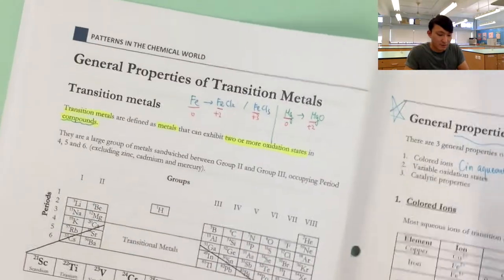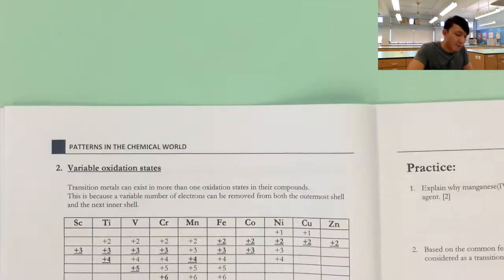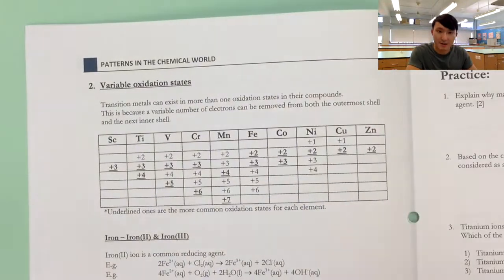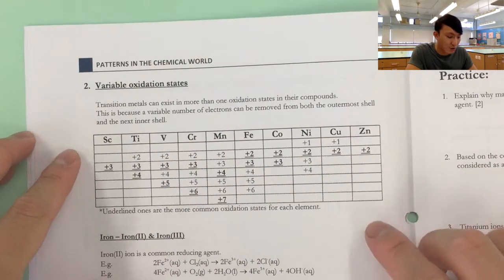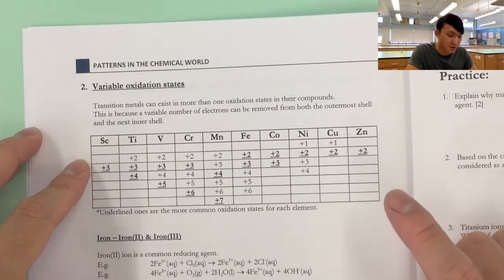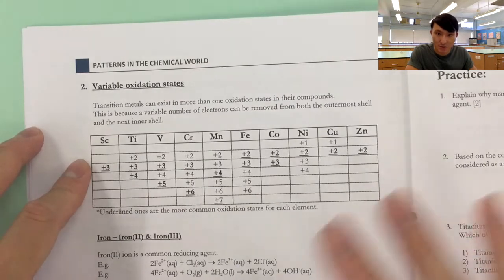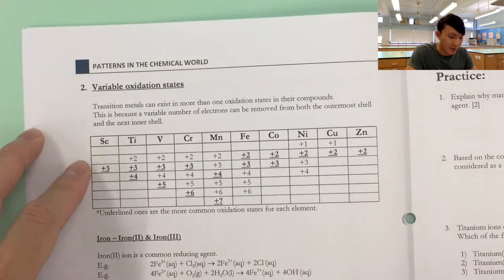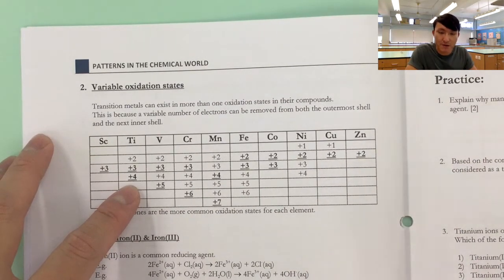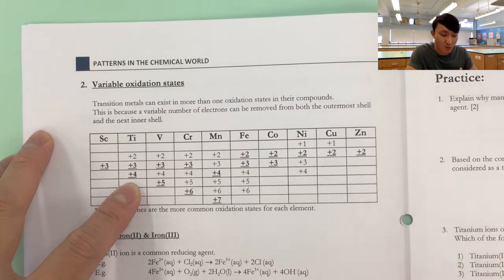Now, the next property is variable oxidation state. Here, this table basically shows you all the possible oxidation states of the transition metals. The one that I have underlined is the most stable oxidation state. So you will often find these transition metals, if they are in a compound, usually have these oxidation states because they are the most stable ones.